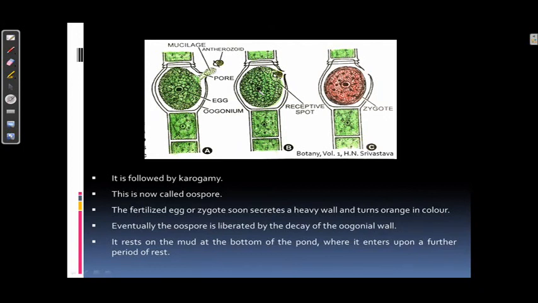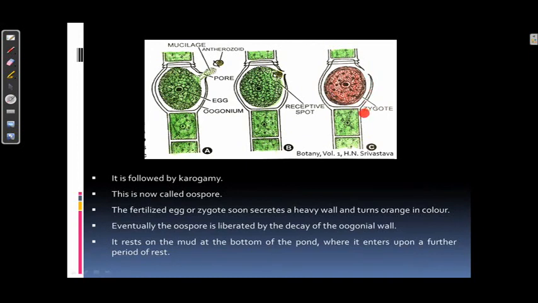As antherozoid and egg were haploid, by the fusion of two haploid gametes we are getting a diploid structure that is known as zygote or oospore. After fertilization, the oospore secretes a heavy wall around it that is orange in color, which gives orange color to the oospore.